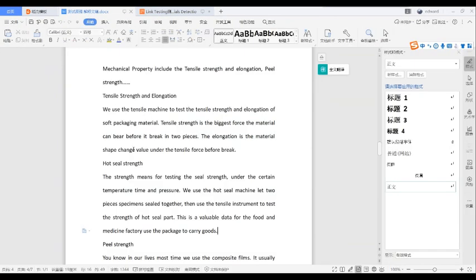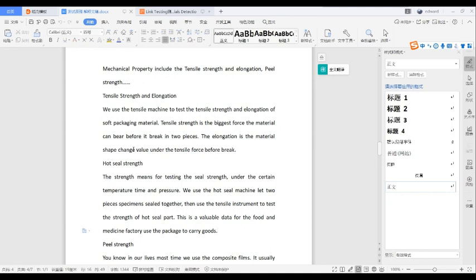We use the tensile machine to test the tensile strength and elongation of the soft packaging materials. Tensile strength is the biggest force the material can bear before it breaks into pieces. The elongation is the material shape change value and the tensile force before break.